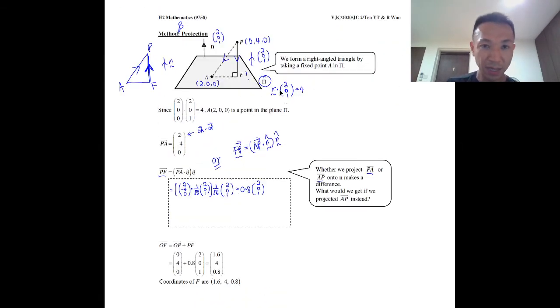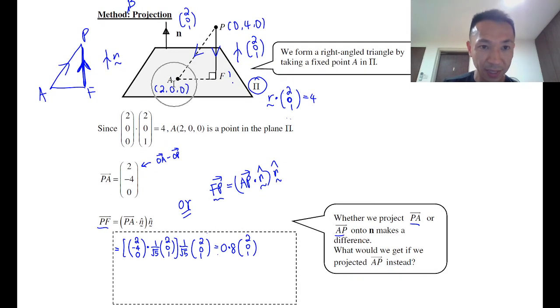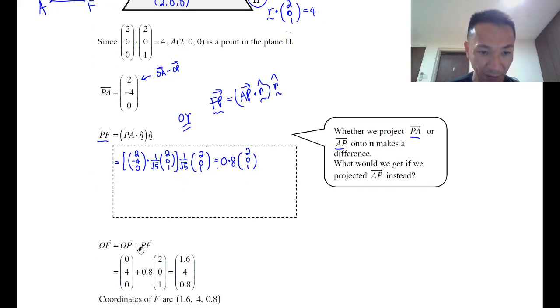Second is to find a point on the plane. In our case, I call it (2, 0, 0). Then project PA onto the normal vector. I'll get PF. Then from there, I can find what is OF. Slightly longer, I feel. But it's okay. It's up to you.